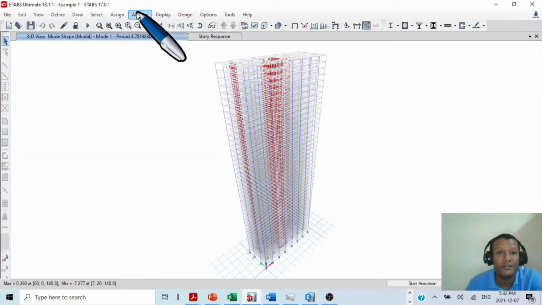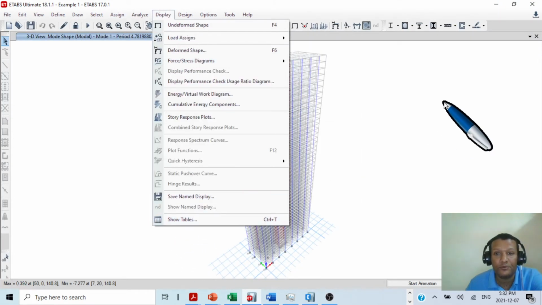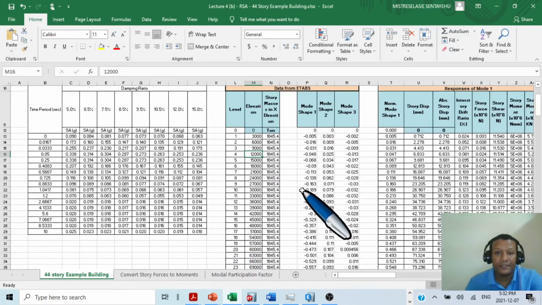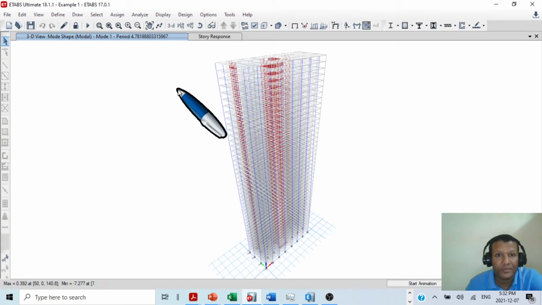Directly from the display table, we can find the data, and we will bring the data from here. The diaphragm mass of our building, we will also find from here.